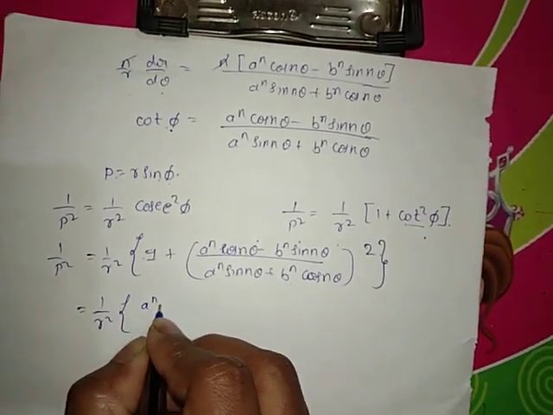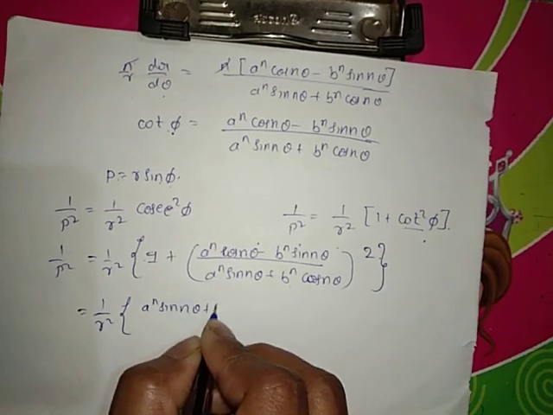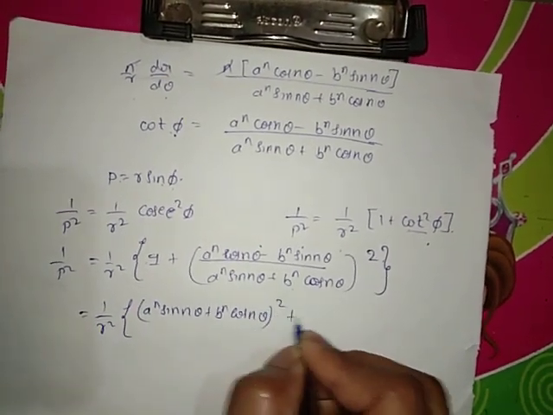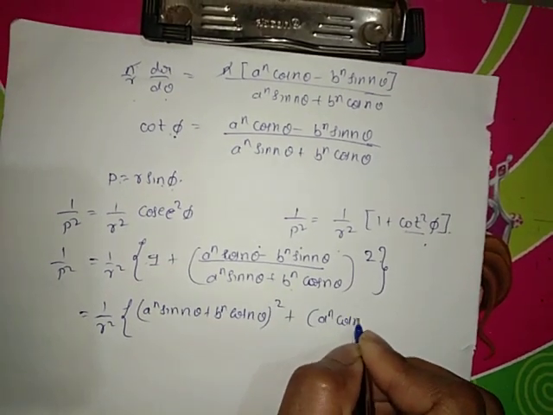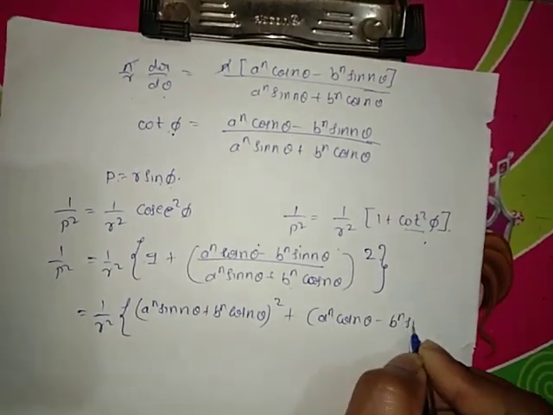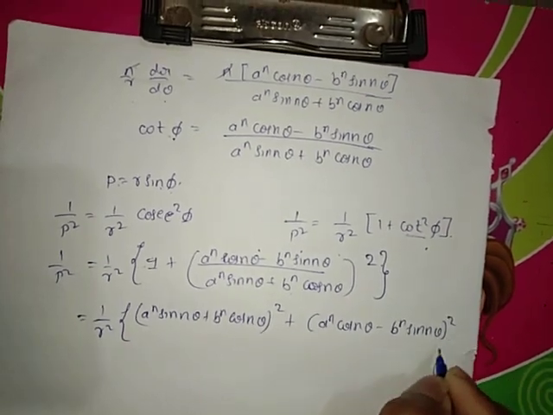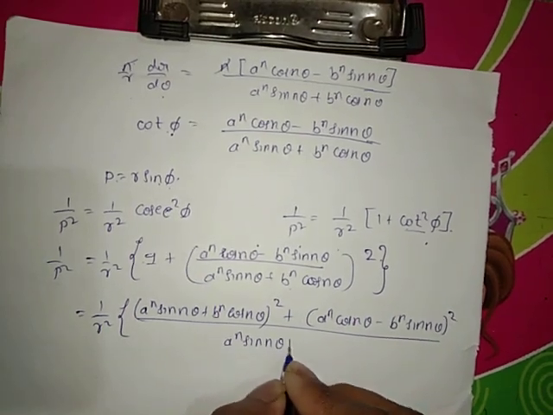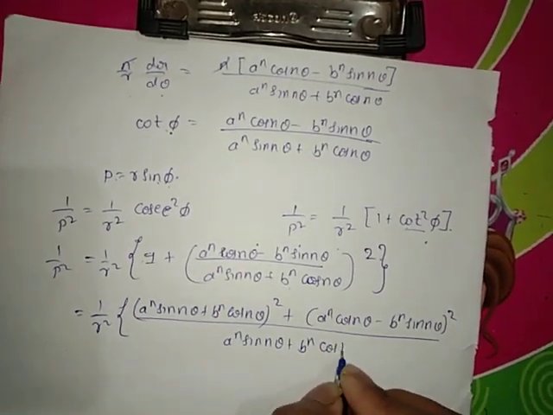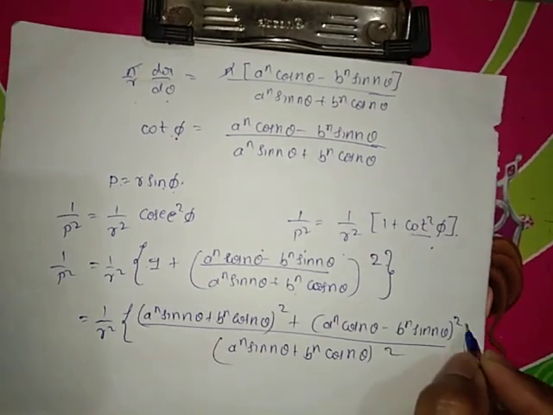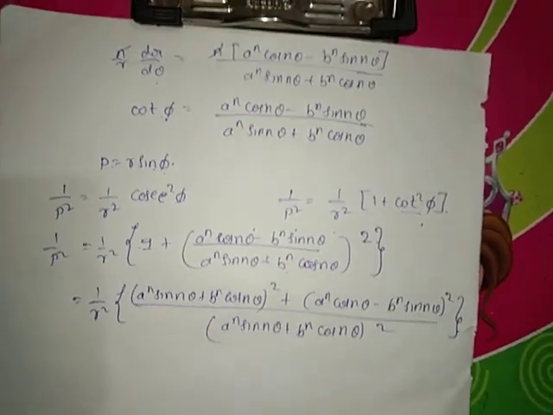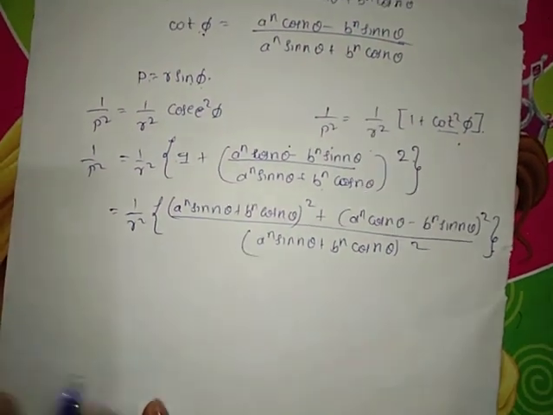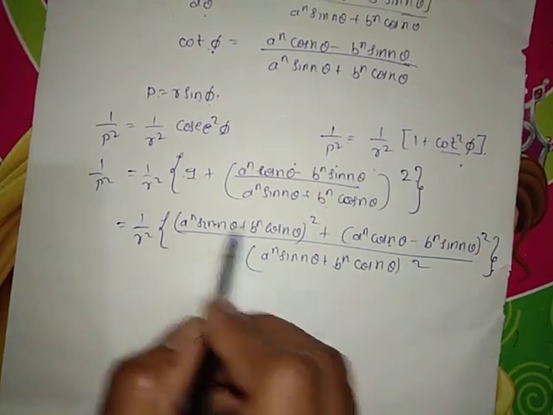Then it becomes a raised to n sin n theta plus b raised to n cos n theta whole square plus a raised to n cos n theta minus b raised to n sin n theta whole square, whole divided by a raised to n sin n theta plus b raised to n cos n theta whole square. So now we have to apply the a plus b whole square and a minus b whole square.